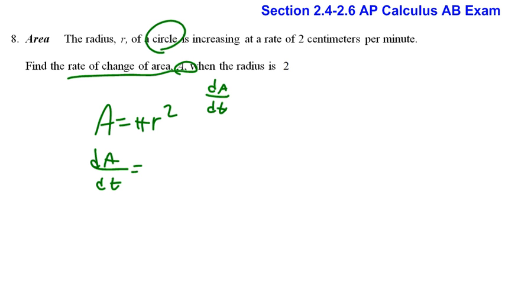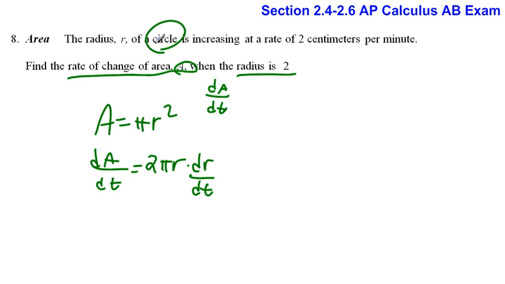So dA/dt equals, let's say I bring down the 2, so I'm going to have 2 pi r. But wait a minute, I'm taking my derivative with respect to time, so I have to tack on a dr/dt. Now, by some substitution, I know that the radius is 2, so I can plug in r as 2.